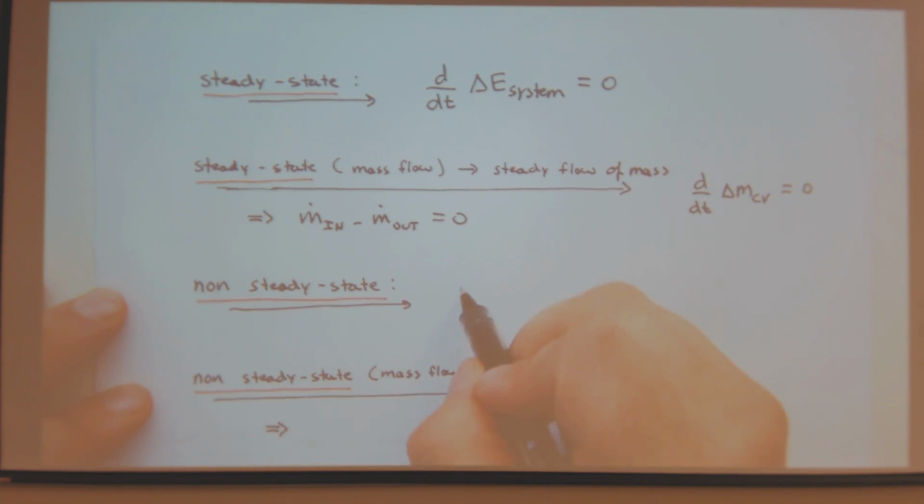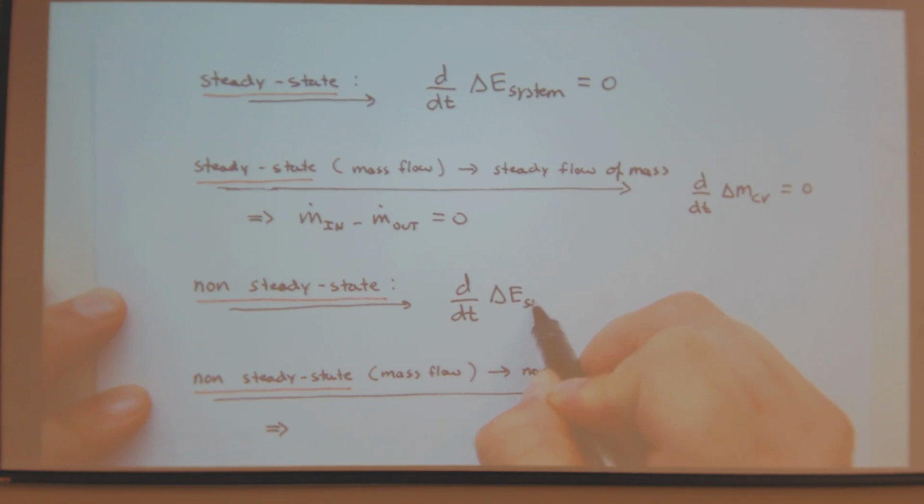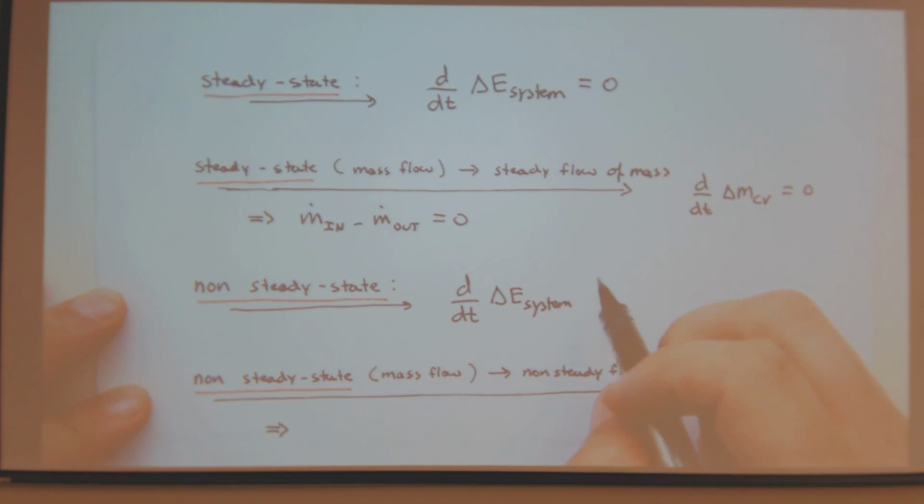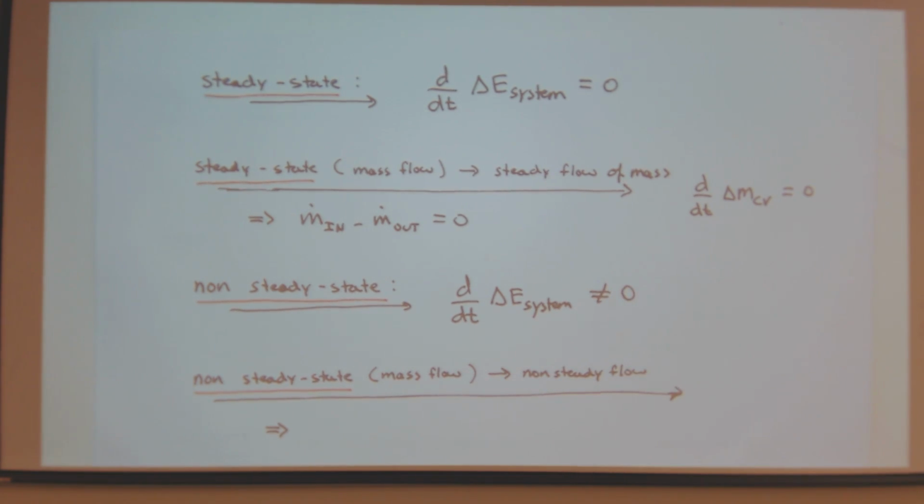Non-steady state, d dt delta E system does not equal 0. Non-steady state mass flow, non-steady flow, d dt delta m control volume does not equal 0, and then related to that, m dot in minus m dot out equals d dt delta m control volume.